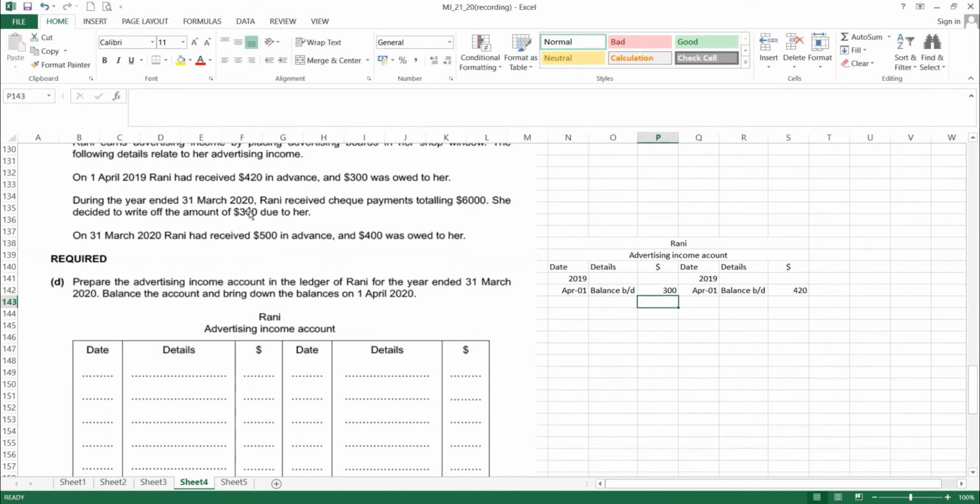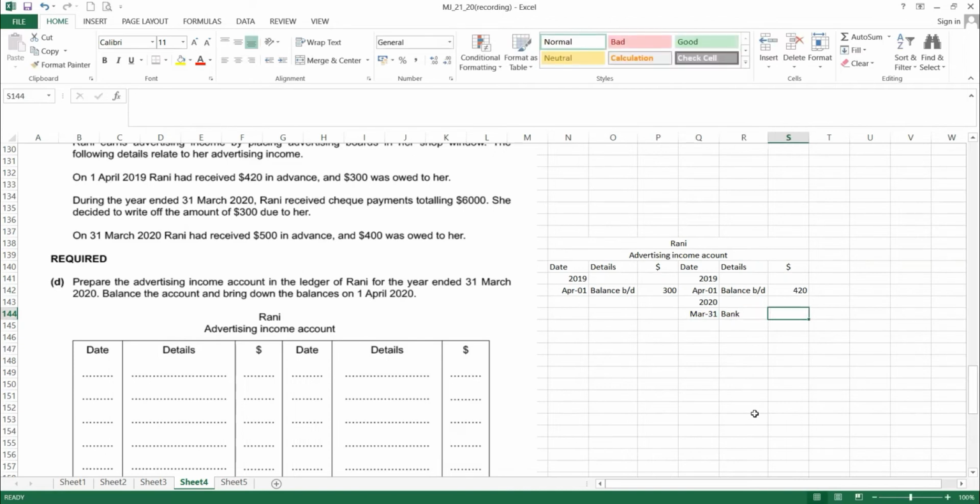During the year end, 31st March 2020, Rani received cheque payment totalling 6,000. She decided to write off the amount of 300 owed to her. That means this amount becomes an irrecoverable debt. At this year end, March 31st 2020, she received a cheque, which means debit bank, credit advertising income.